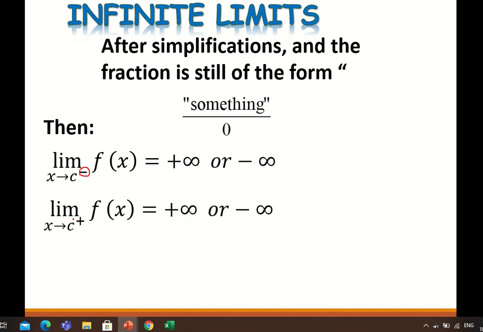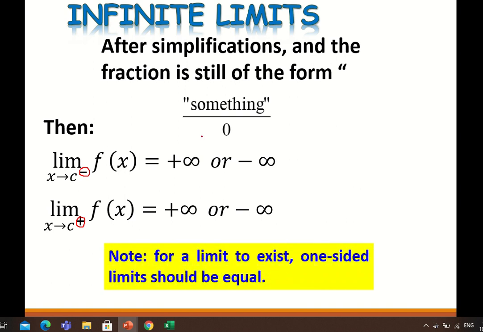Alright, or it can be the limit of the function of x as x approaches c from the right. This can also possibly be positive infinity or negative infinity. So that depends upon the kind of function or graph that is given. You have to take note that if this scenario happens, for a limit to exist, the one-sided limits should be equal.